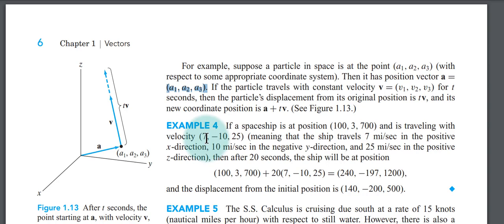So this means that every second, it moves 7, they're calling it miles, 7 miles in the x direction, negative 10 miles in the y direction, and 25 miles in the z direction. So it's moving quite fast, right? It's 25 miles in a second. It's huge. But anyway, suppose that's the way that it's moving.